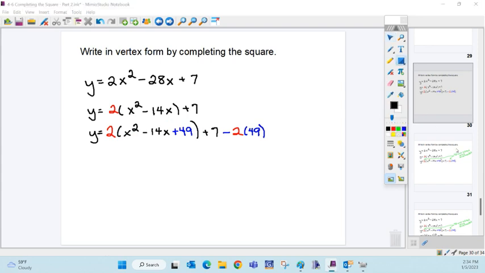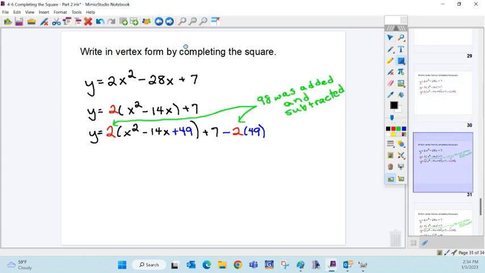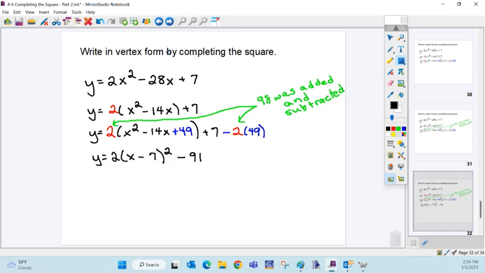And then 7 minus 2 times 49 simplifies. 2 times 49 is 98. So 7 minus 98 gives you negative 91. And it's done.